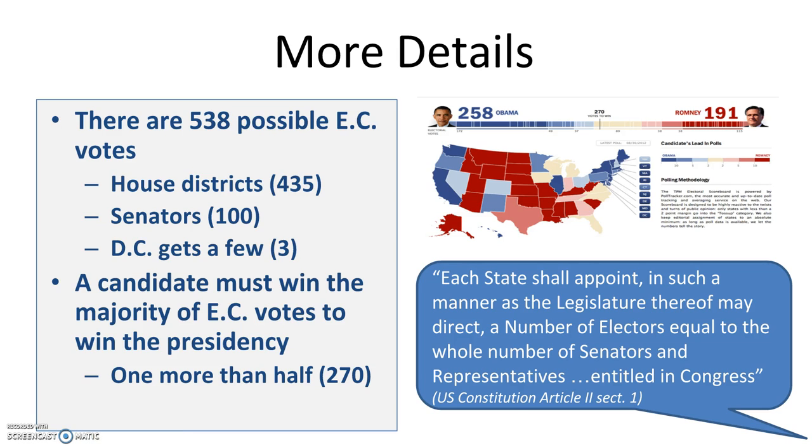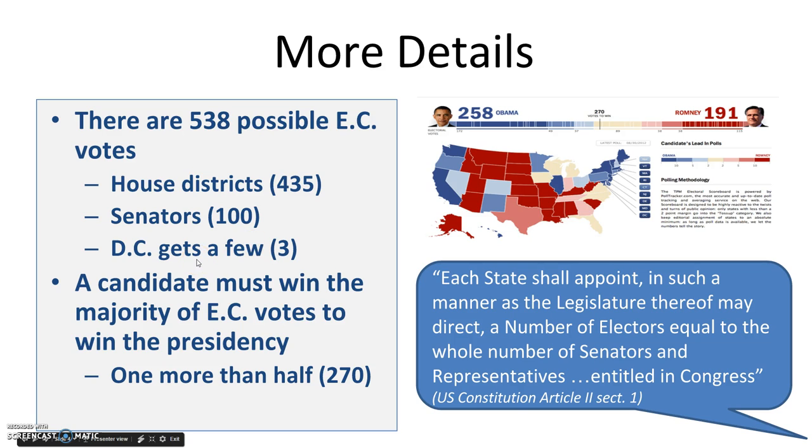How do we get to this number 538? Well, it comes from adding up the representation in Congress and a couple of votes from D.C. Across the country, there are 435 House of Representatives districts. There are 100 senators in Congress. So you add these two together and you get 535.